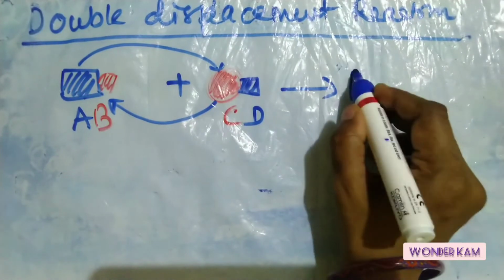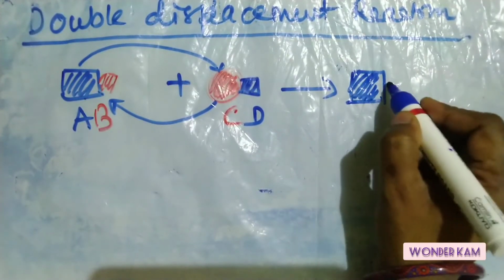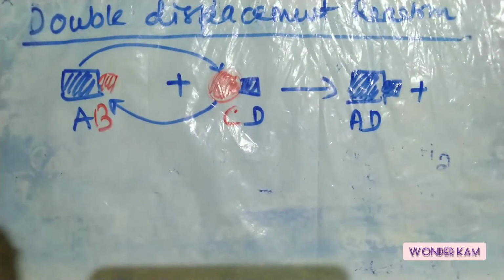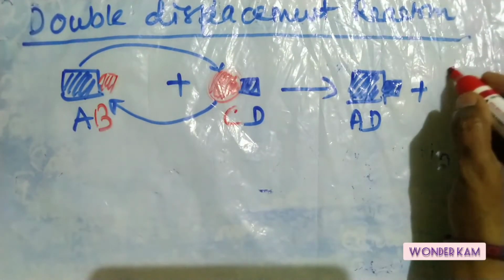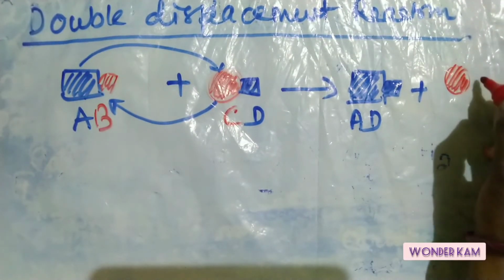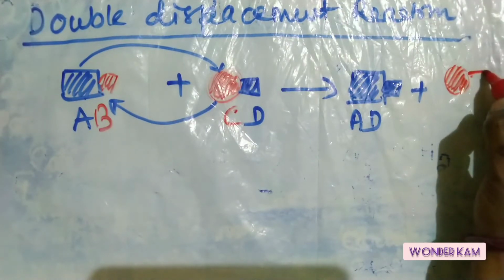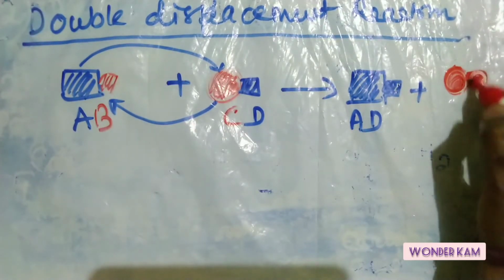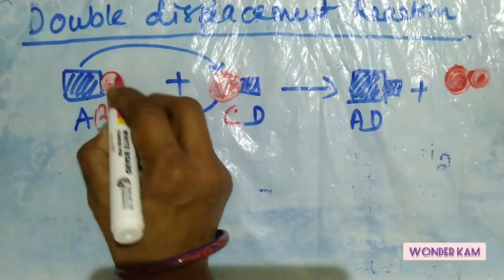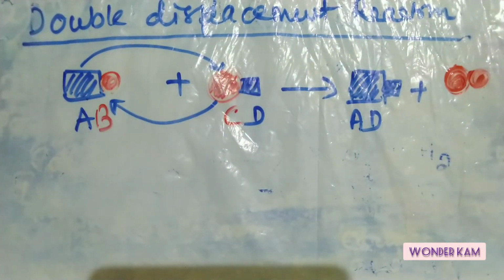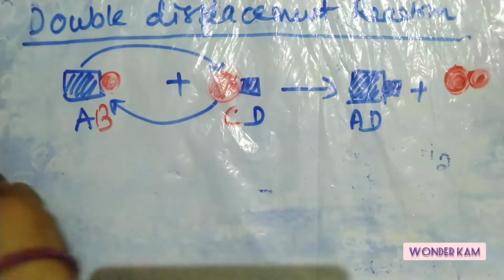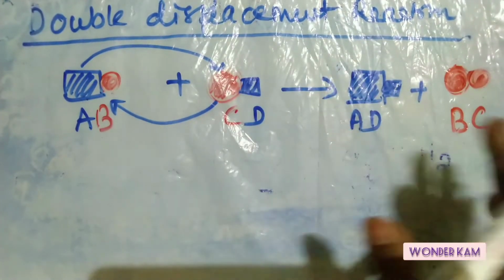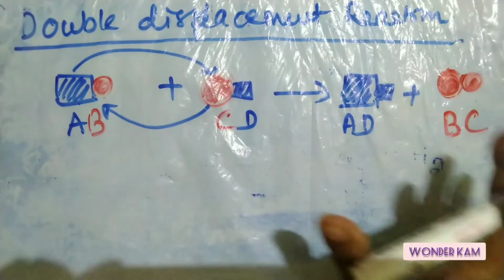So you will get AD plus CB. I think you might have understood how double displacement reactions take place.